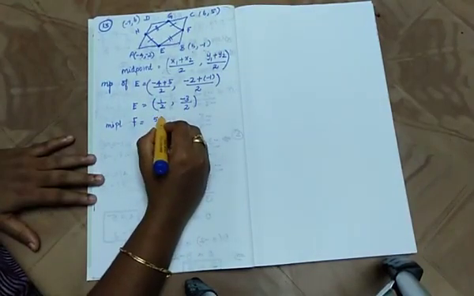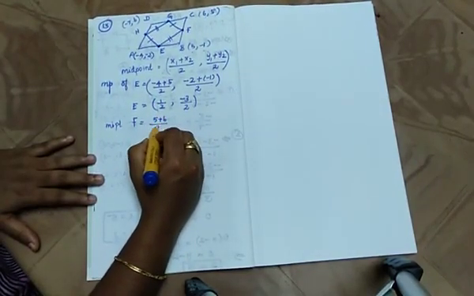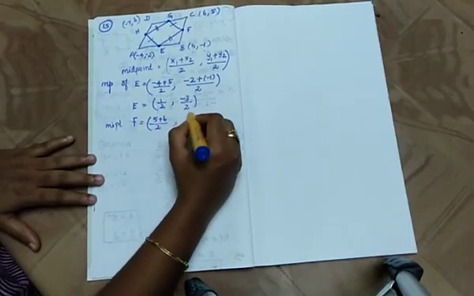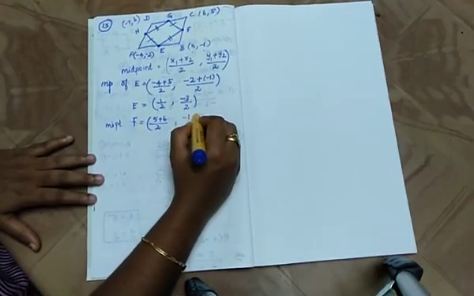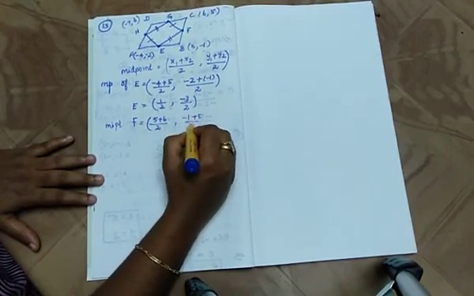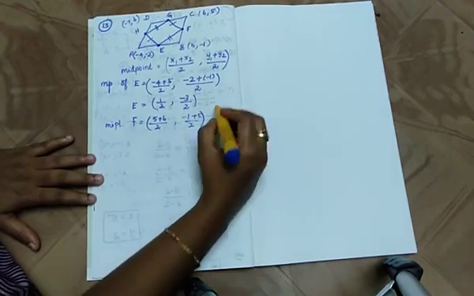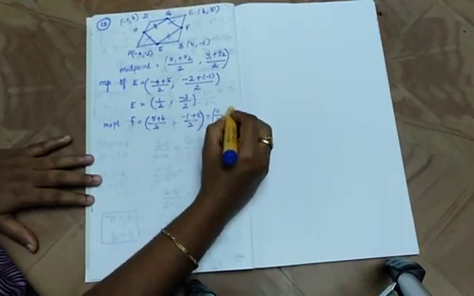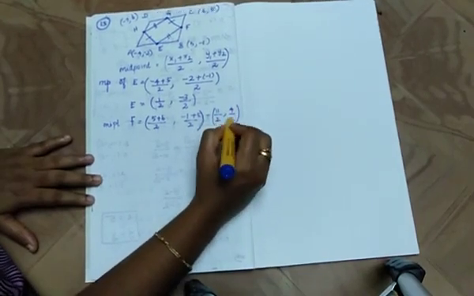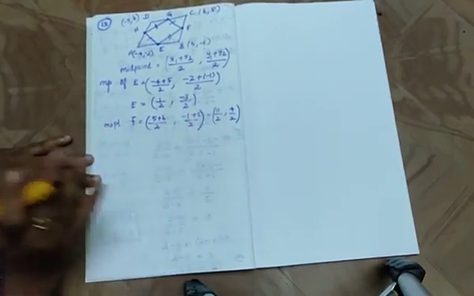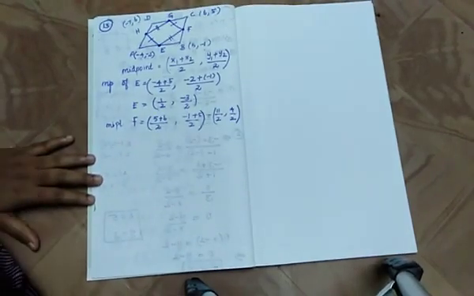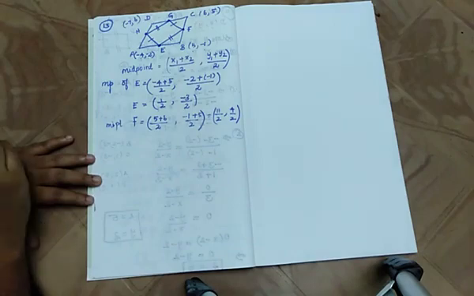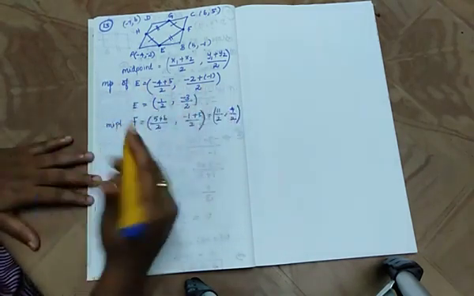So 5 plus 6 divided by 2, comma minus 1 plus 5 divided by 2. What will we get? It is equal to 11 by 2, comma 4 by 2. Here we can cancel this value, but let it be. That is useful while doing the calculation for the parallelogram. No need to cancel, let it be.